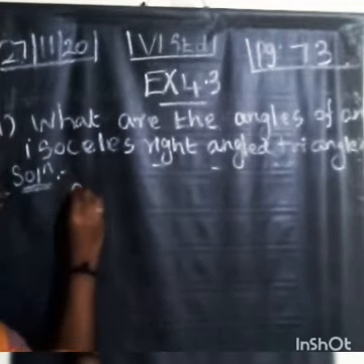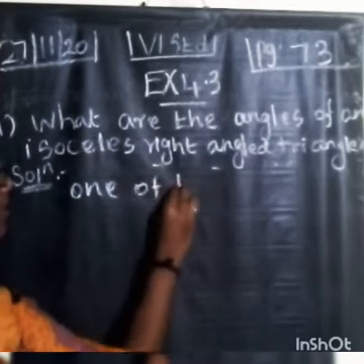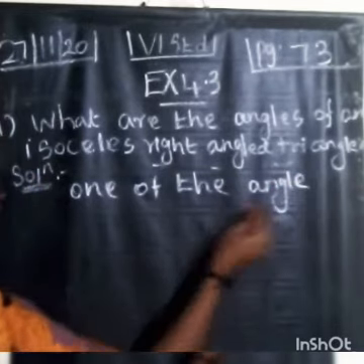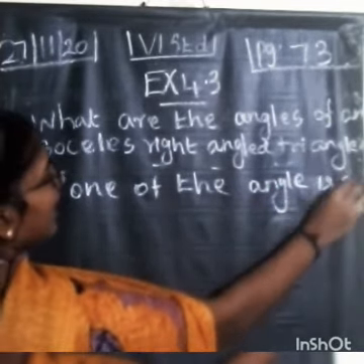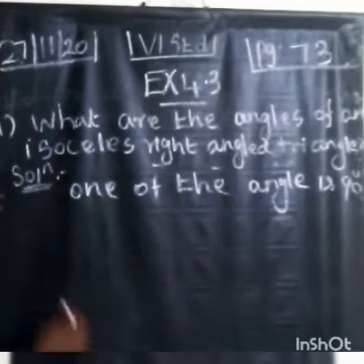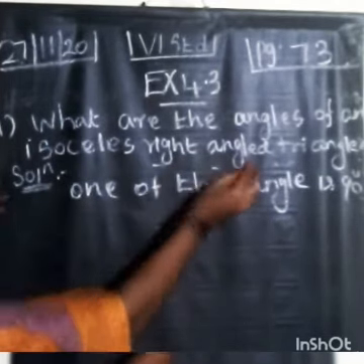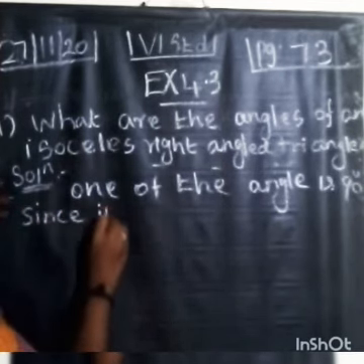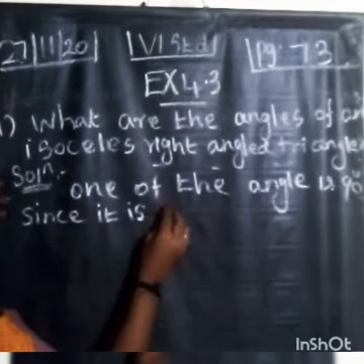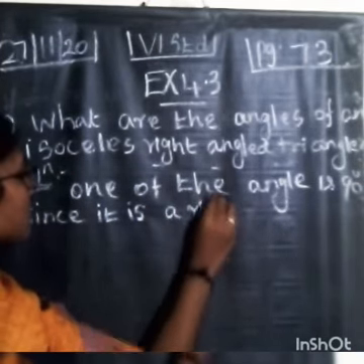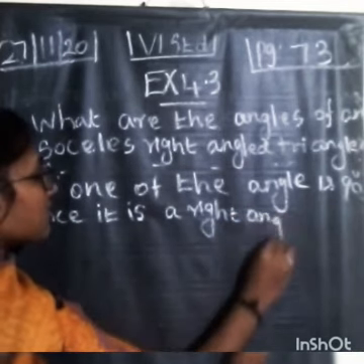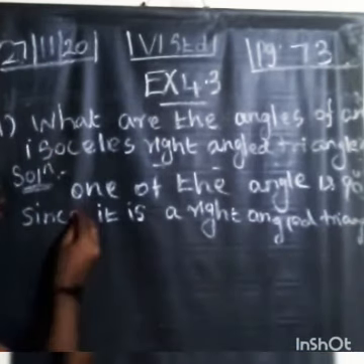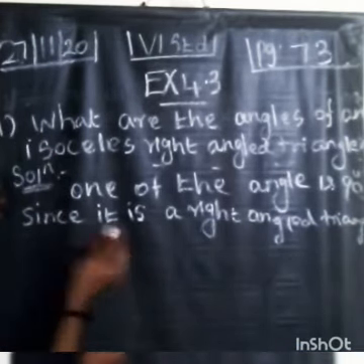One of the angles is 90 degrees since it is a right angled triangle.